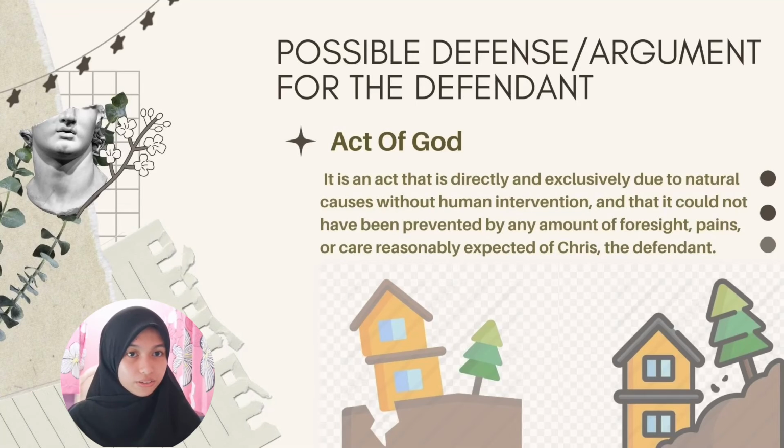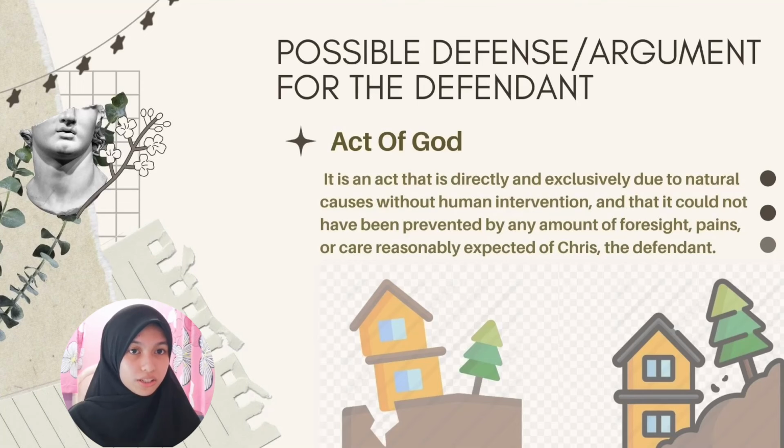And now I will present one possible argument or defense by the defendant. The defendant, Chris, can escape from his liability for nuisance by defending himself with the doctrine of act of God. It is an act that is directly or exclusively due to natural causes without human intervention, and that it could not have been prevented by any amount of foresight, pains, or care reasonably expected of Chris, the defendant.